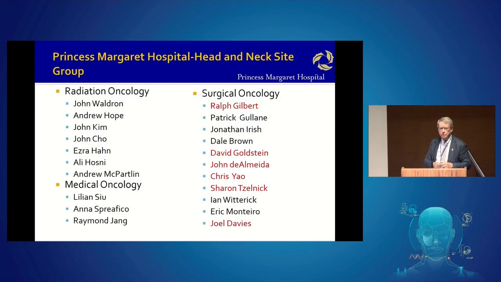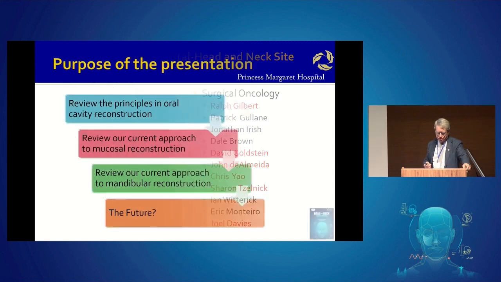I have the great privilege of working with a remarkable group of people. Some of these names will be familiar to you from the literature. In our group, we have 6 microvascular surgeons. 5 of them are at the Toronto General site, and 1 is at the Mount Sinai site. So we have a lot of experience with head and neck reconstruction.